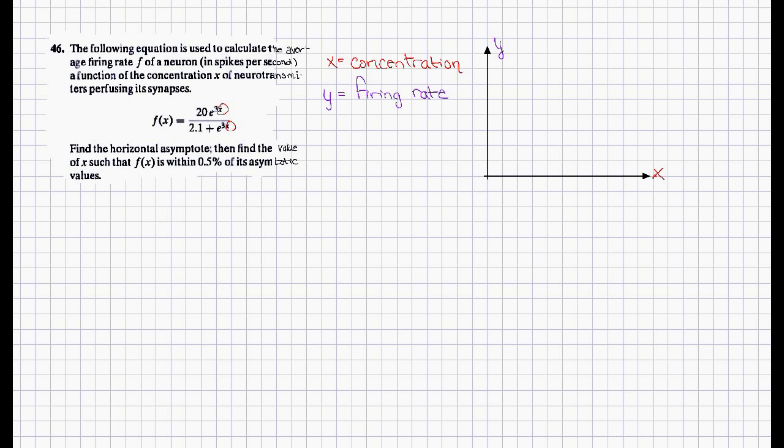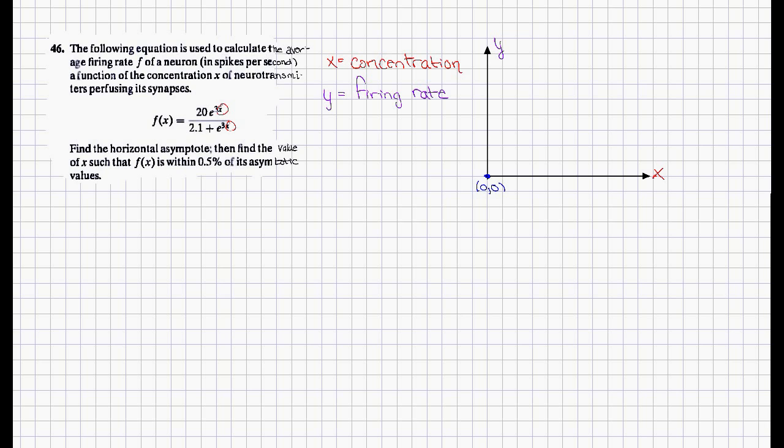As the concentration increases, it'll do something to the firing rate. I bet you could pretty much take a good guess that it's going to increase it. If you have zero concentration, then it's just going to have zero firing rate. That makes sense.